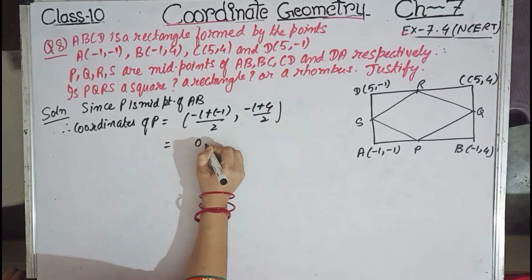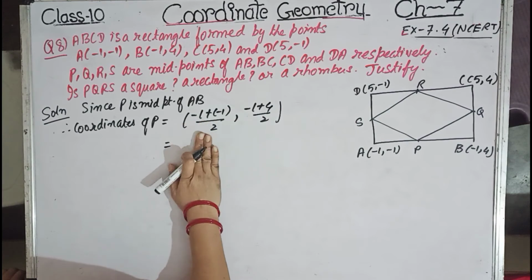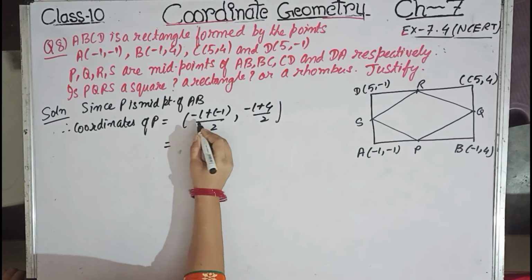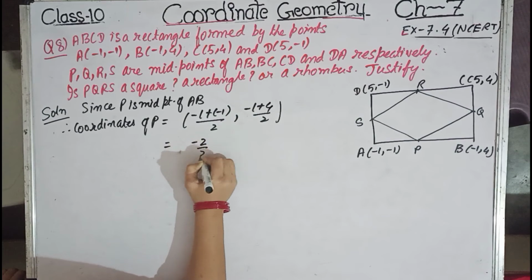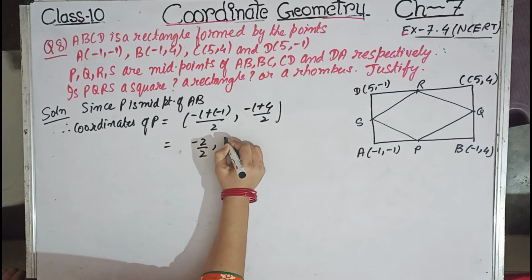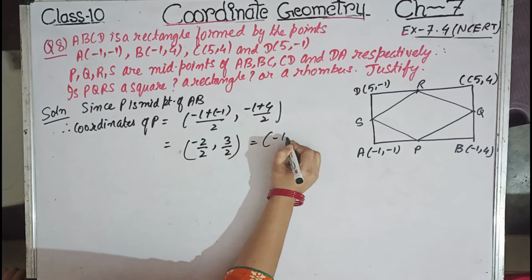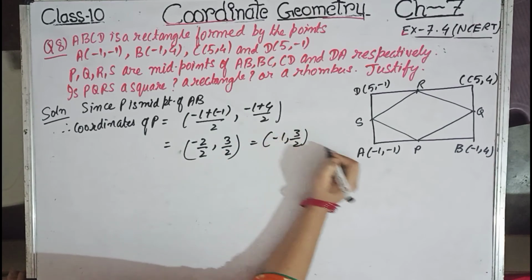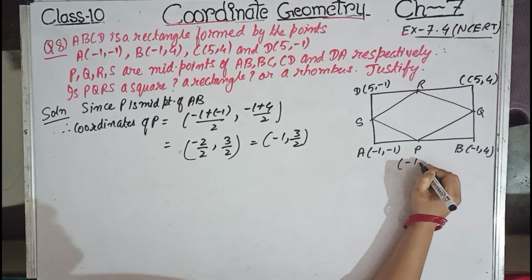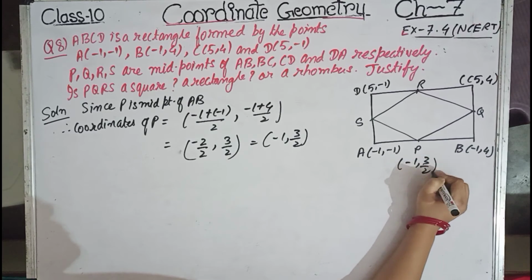So this will be equal to -2 by 2, and this will be equal to 3 by 2. So this is equal to -1 comma 3 by 2. So I am writing over here -1 comma 3 by 2.